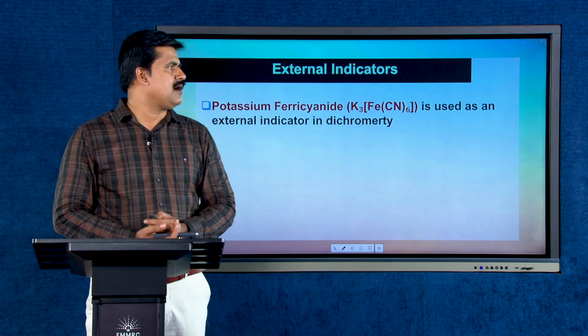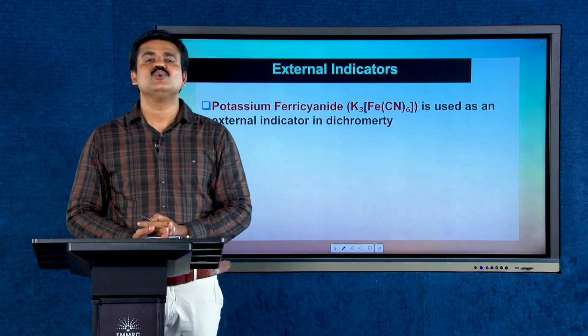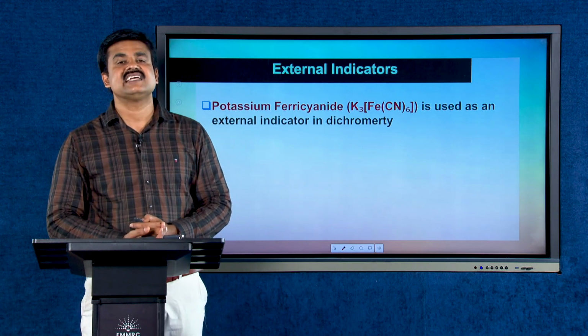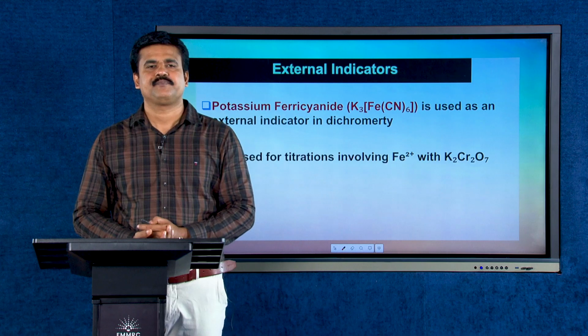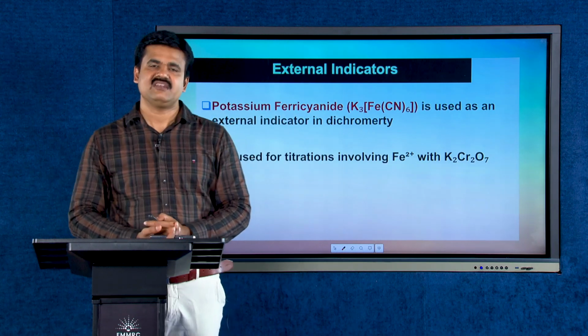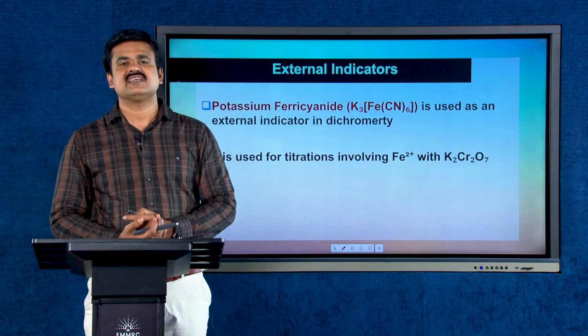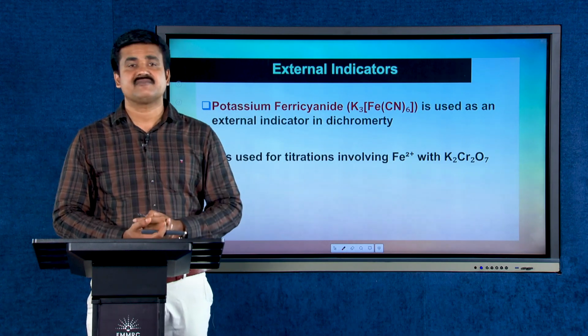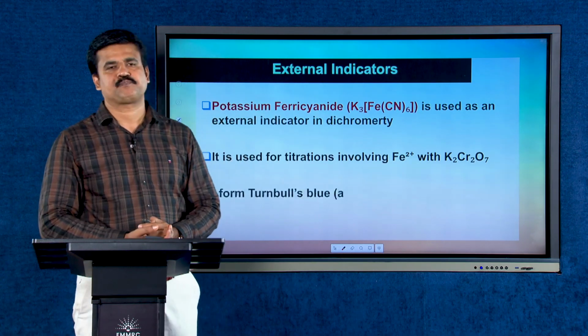Potassium ferricyanide, K3[Fe(CN)6], is used as an external indicator in dichrometry. This is a nice example of an external indicator. It is used for titrations involving Fe2+ with K2Cr2O7. This point we made clear when we studied dichrometry.